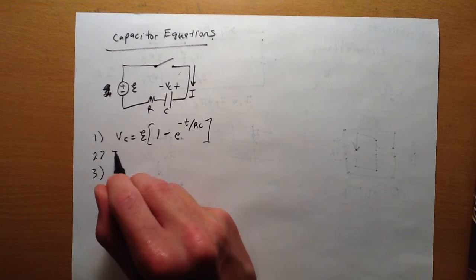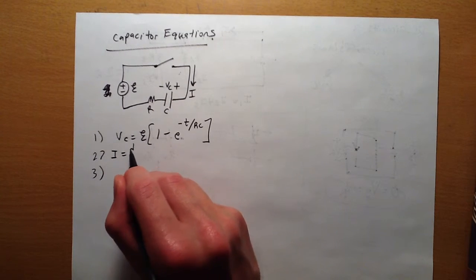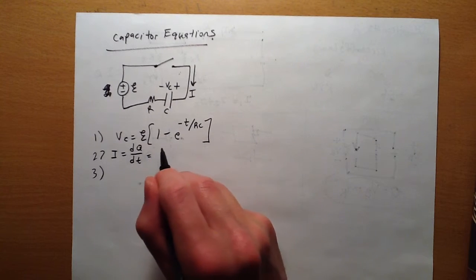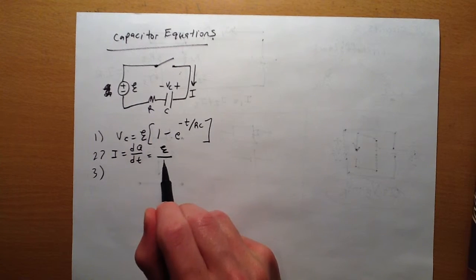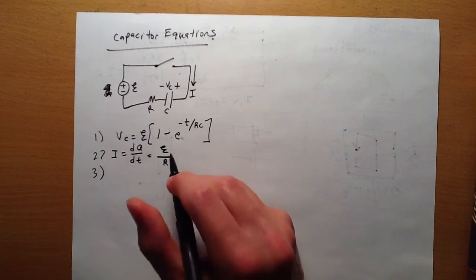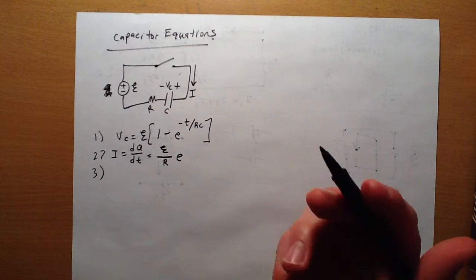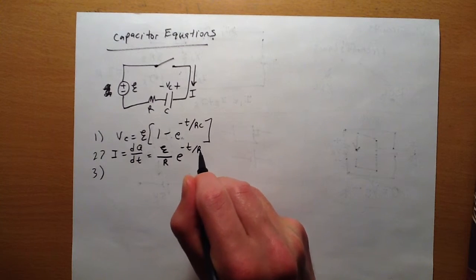This is for the capacitor charging, with the capacitor initially discharged with 0 voltage. The second one is current equals, we know current is the change in charge over the change in time, derivatives, is equal to epsilon, the battery voltage, over the resistance, times e, the natural constant, to the negative t over RC.